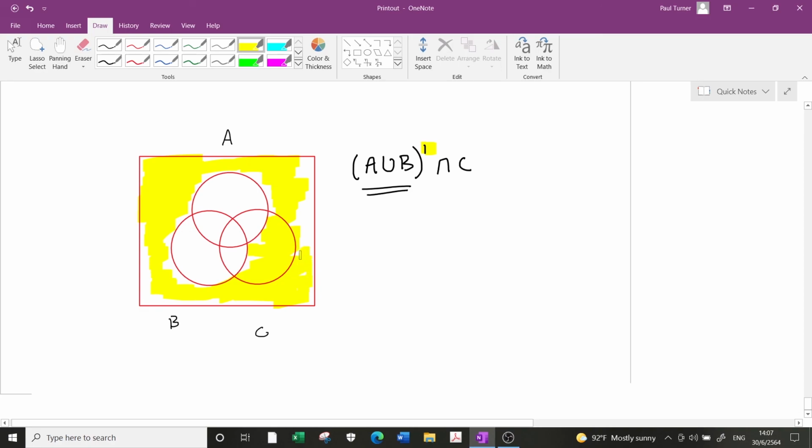So that is not A union B. A union B is in here. So not A union B, intersecting C. And C is here. So where do these intersect? Only this section here. Okay. So your final answer would be only this area here.